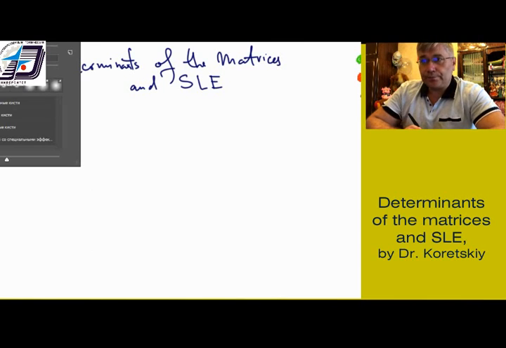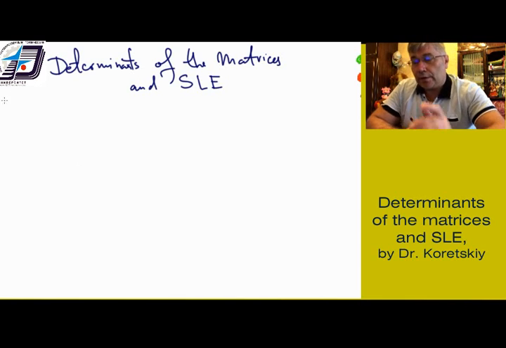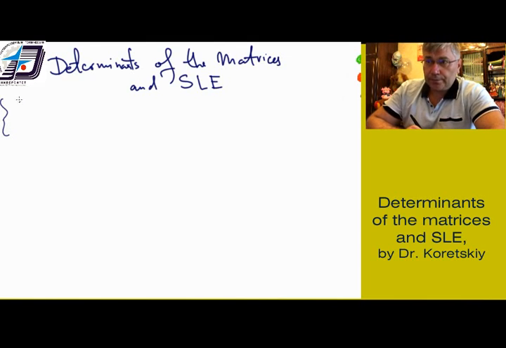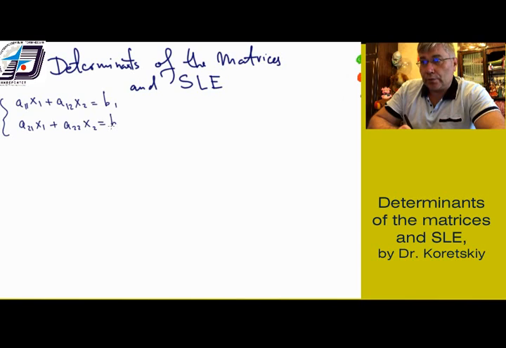So we had a system of equations: a11x1 plus a12x2 equal b1 and a21x1 plus a22x2 equal b2.